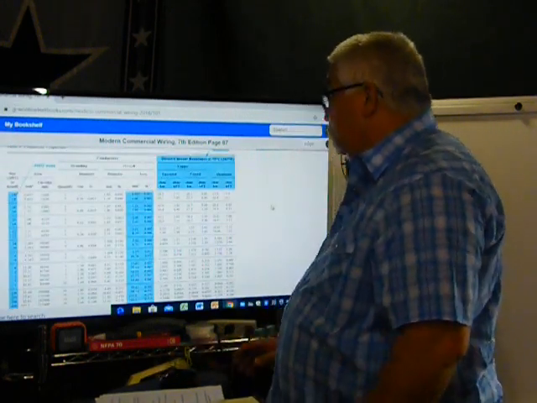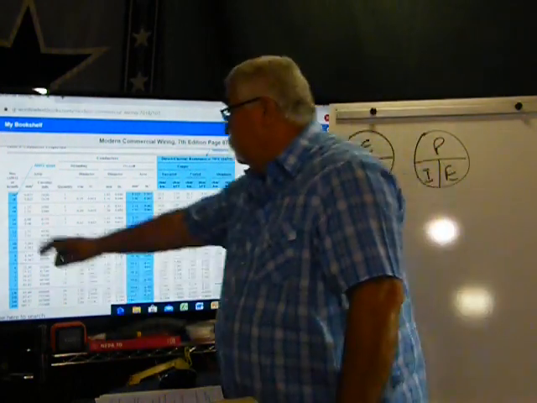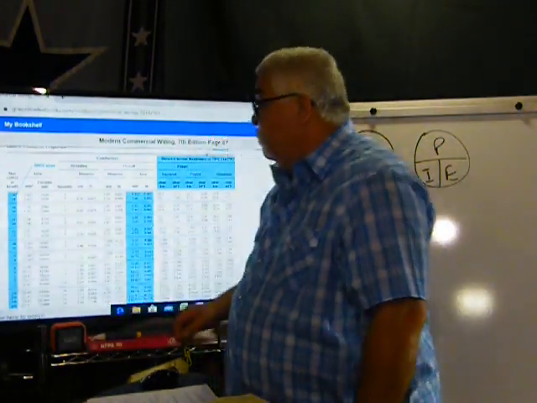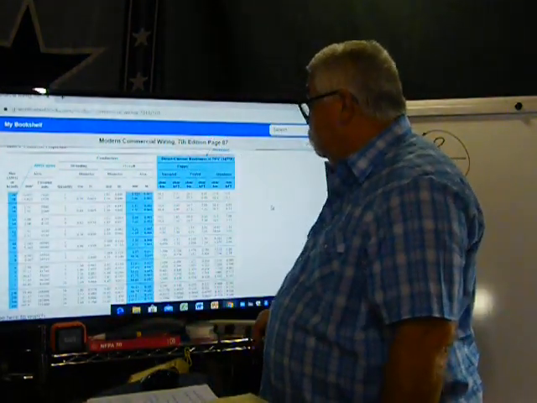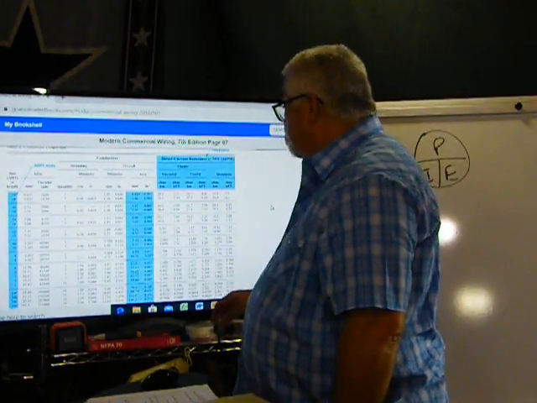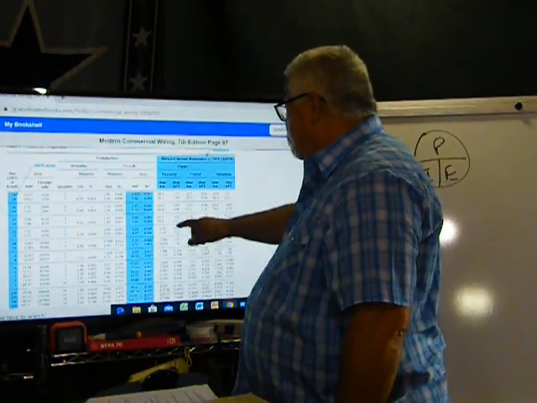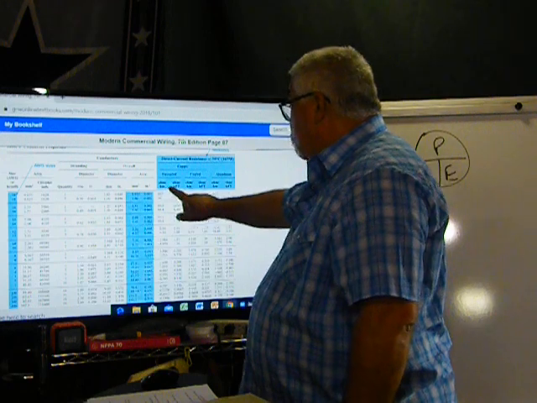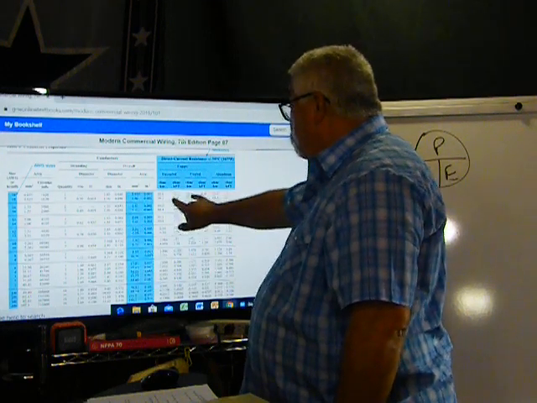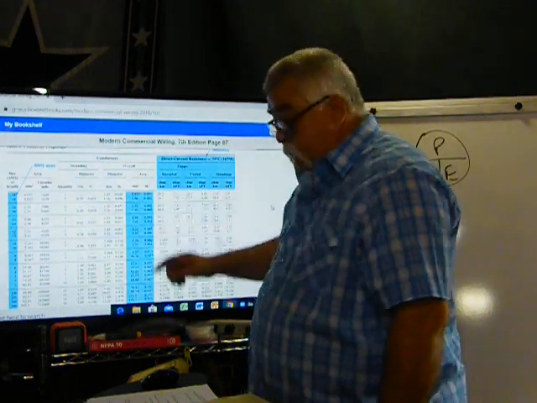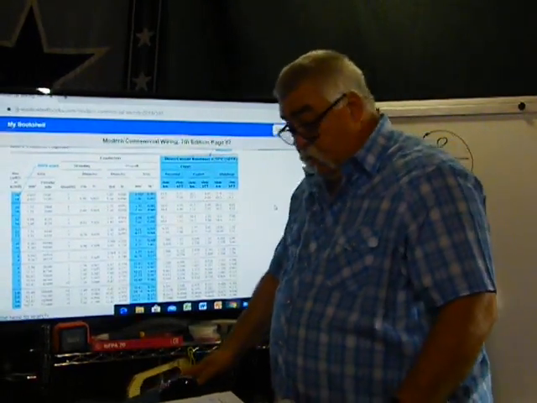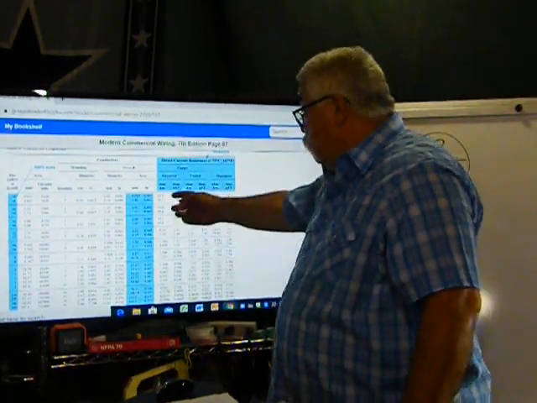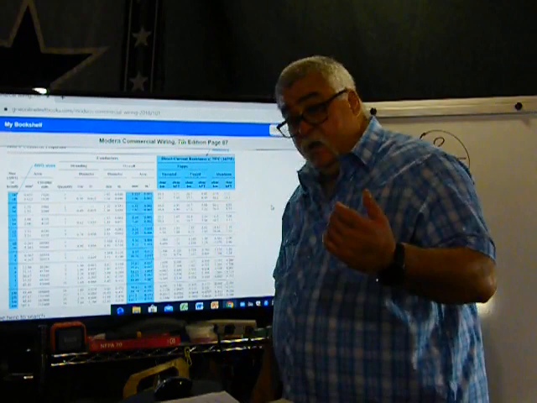So for most parts, we need to find out our AWG, our area, and then we also have copper coated and uncoated, and aluminum wire. Okay, so when we're trying to find the resistance of a wire, these are the resistance of an uninsulated conductor.